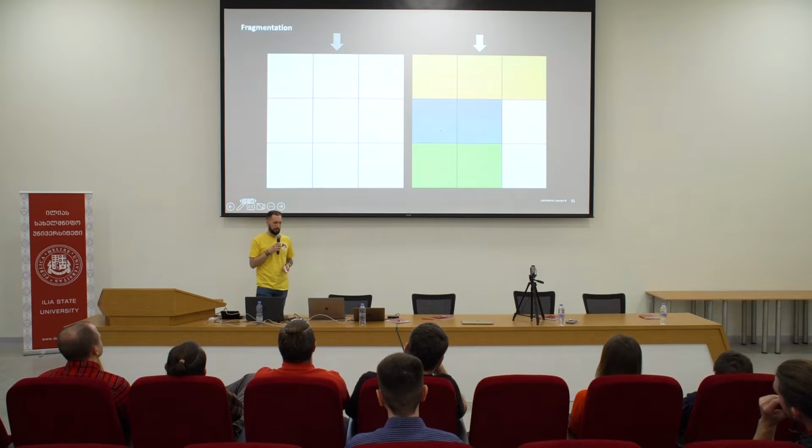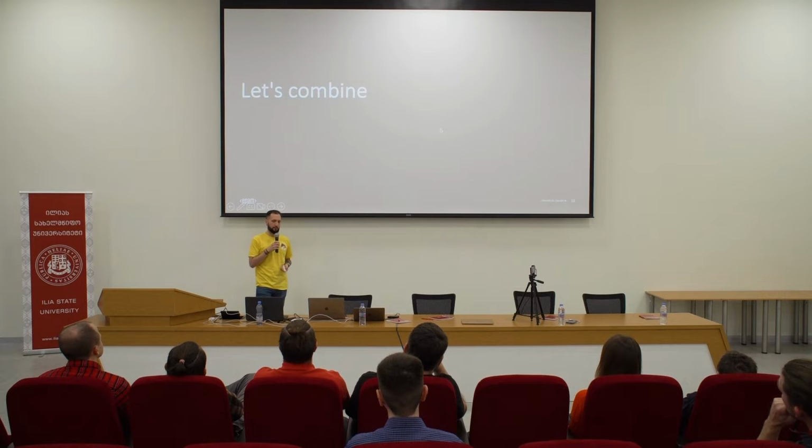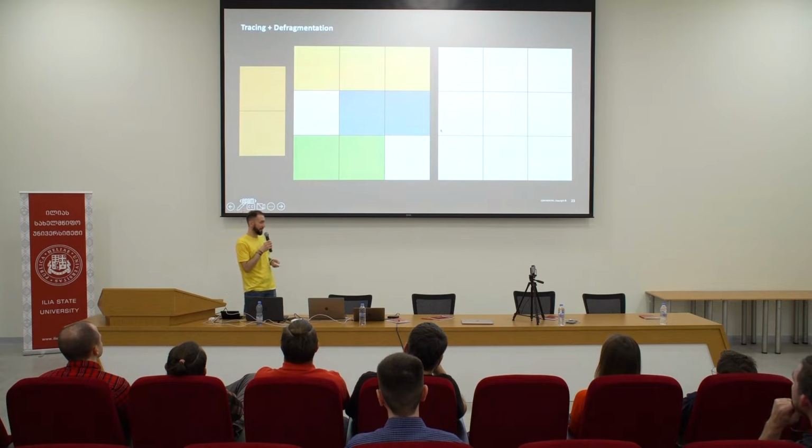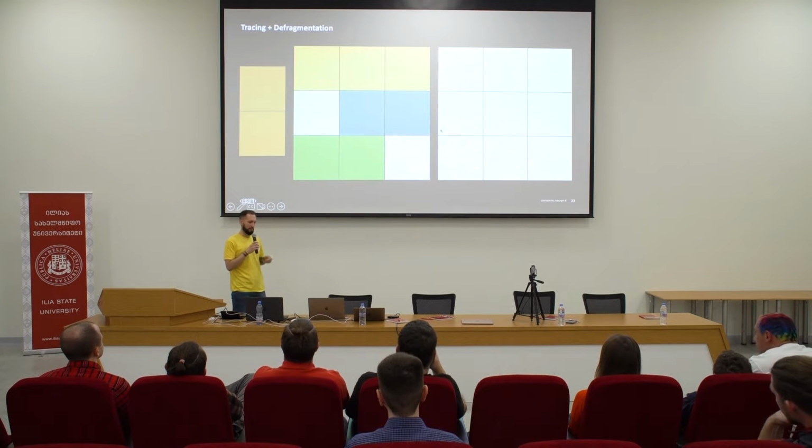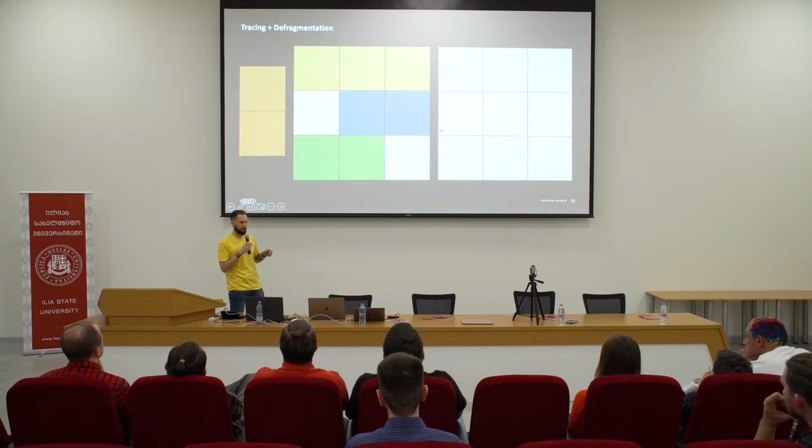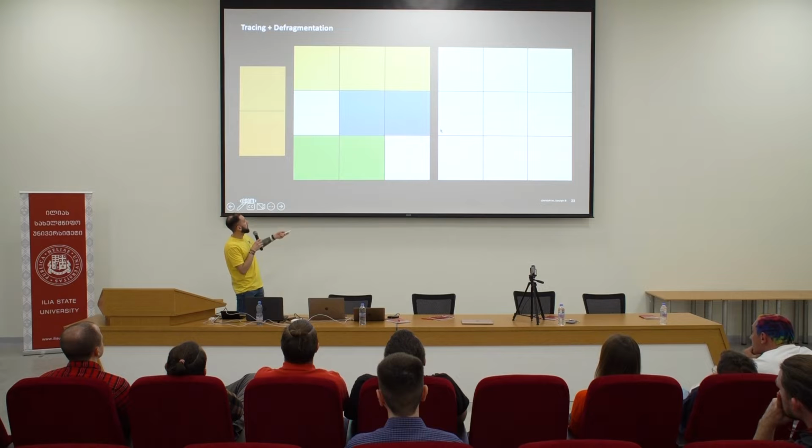Let's think. Can we combine everything I described? Well, maybe not everything, but some ways of managing garbage. Yes, we can, and V8 uses it a lot. So here's a situation. We have one semi-space, and we have another blank one, and we have an incoming object.